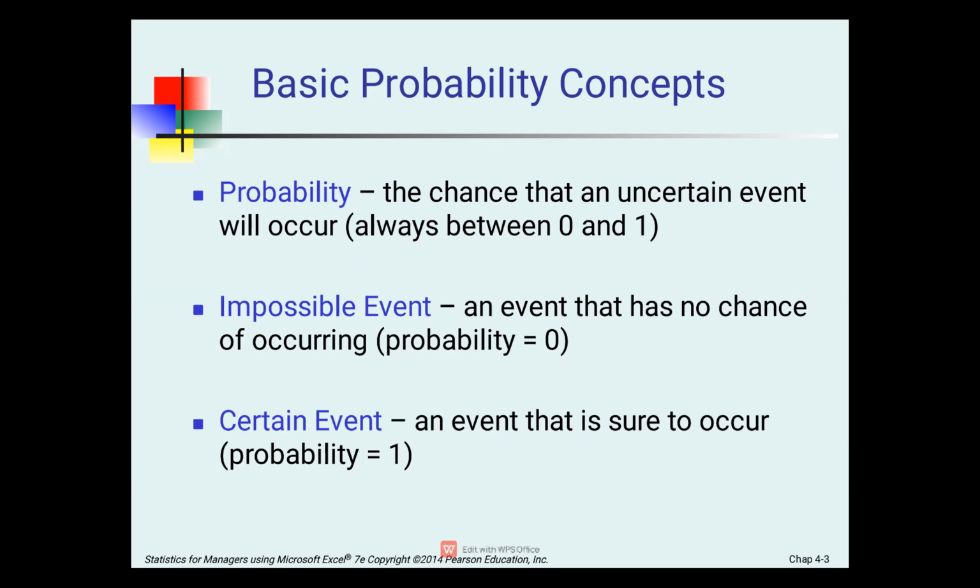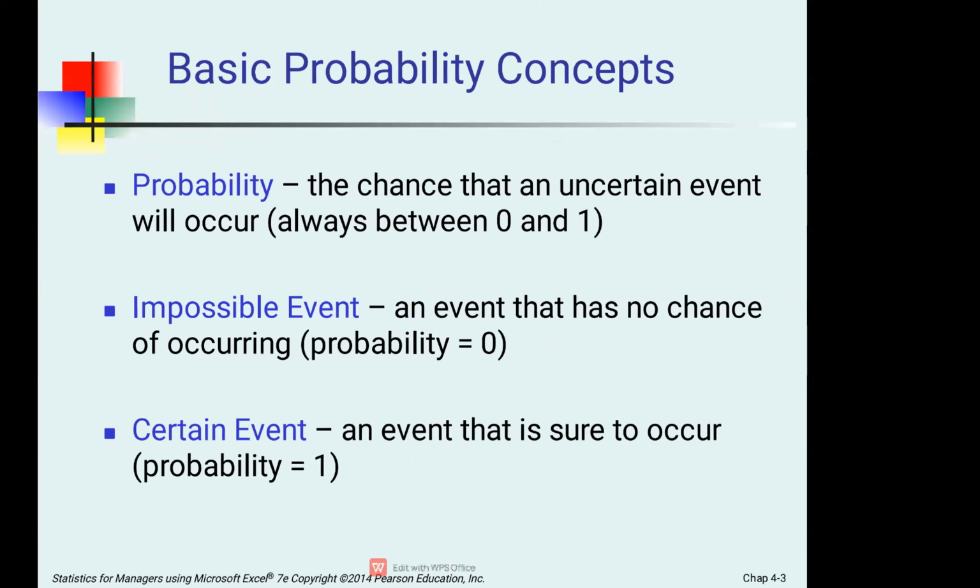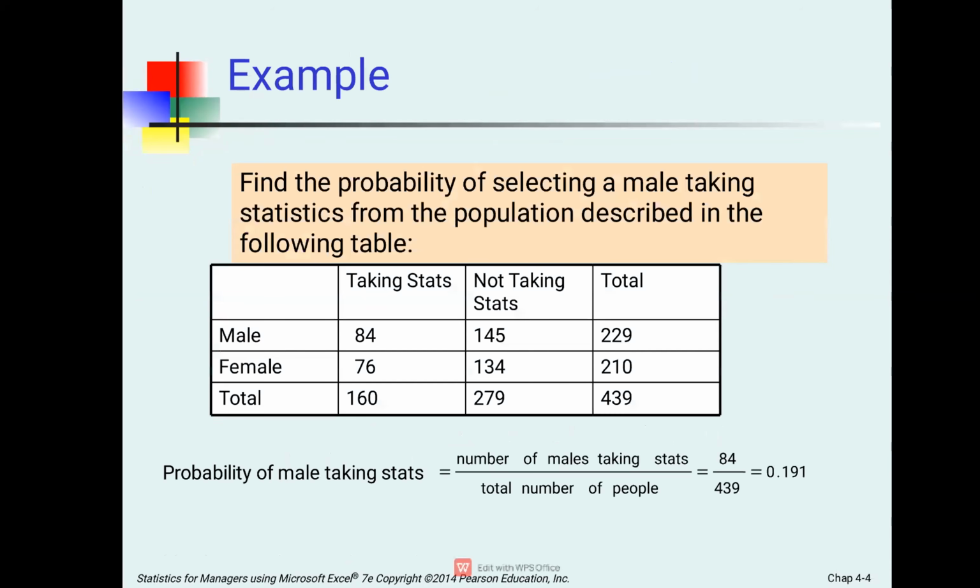So never find a negative answer, and never find an answer which is greater than 1. What about impossible events? They have a probability of 0, and an event that is sure to occur has a probability of 1.